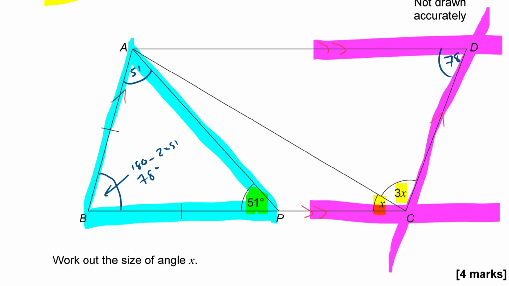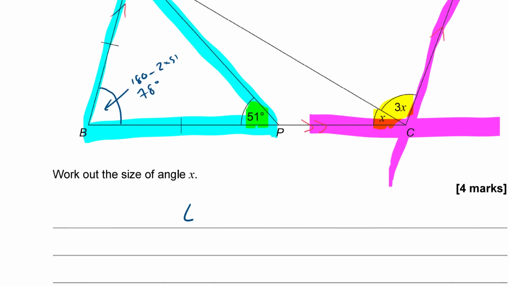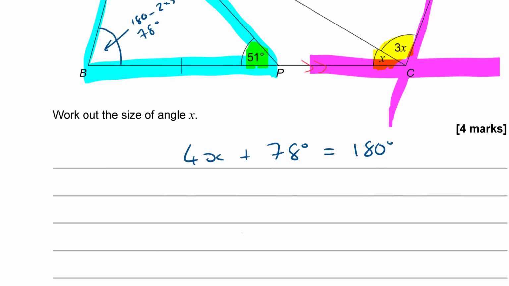So my 2 angles down here, my X and my 3X, are going to have to be supplementary to my 78. In other words, those 2 angles sum to 180 degrees. So I know that X plus 3X, which is 4X, plus my 78 degrees, must be equal to 180 degrees, because those 2 angles are supplementary.